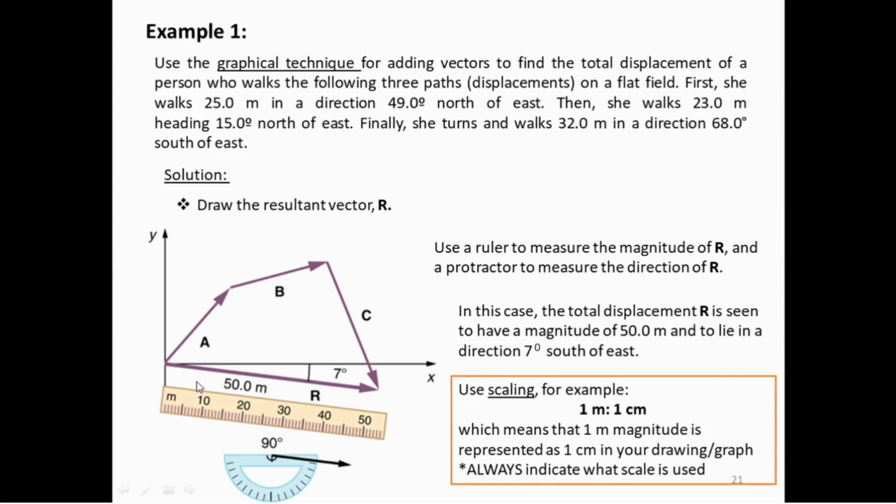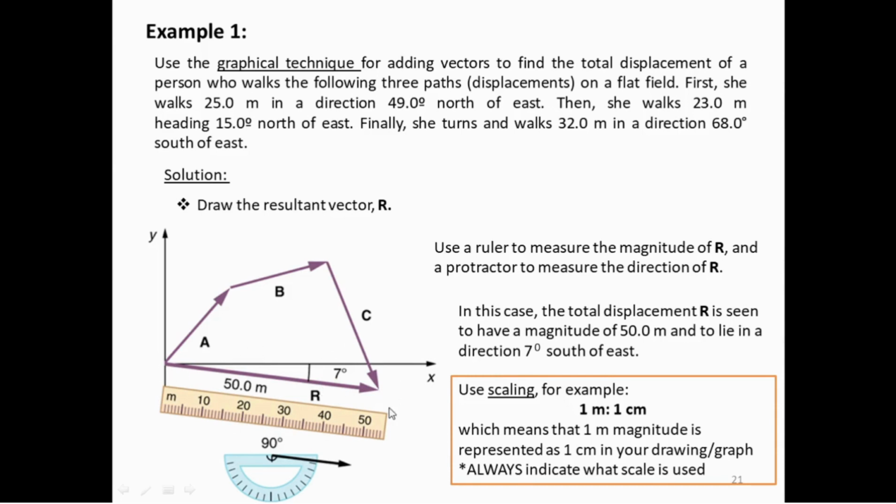So all you have to do is to get your ruler and measure how long this is. Based on my conducted polygon method here, I have measured this resultant vector to be 50 meters, or in my ruler, this is 50 cm. And to get the reference angle or the direction of this resultant vector, all you have to do is to use the protractor.